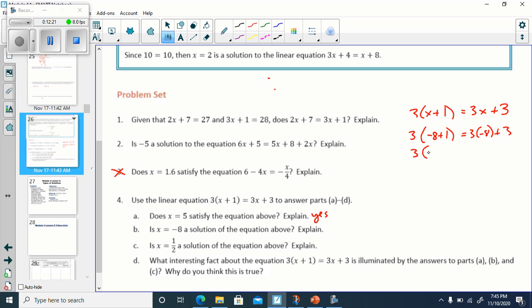Negative 8 plus 1 is negative 7. And that's negative 21. 3 times negative 8 is negative 24. Plus 3 is equal to negative 21. Okay? Those are equal. So hence negative 8 is a solution. Yes. It works. We've shown you the thing.